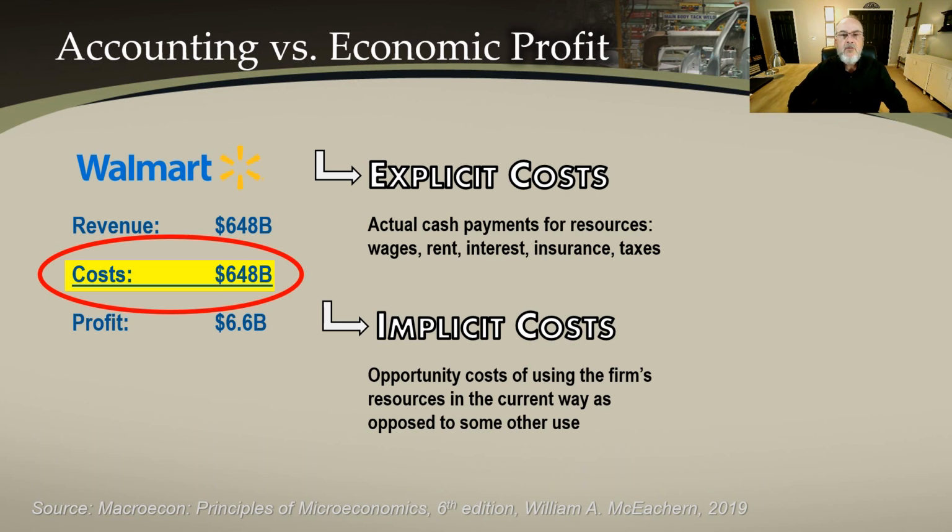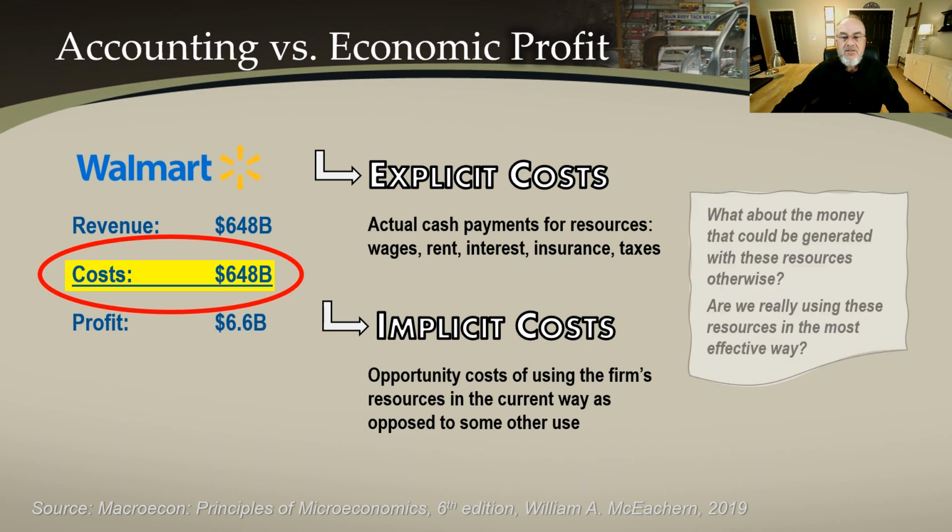So for example, if I leave my job, let's say I'm making $100,000, and I leave my job to start a business, well, I am giving up $100,000 to start that business. And so that is an implicit cost of me starting that business. It's not going to show up in an accounting report, but it is still an actual cost to me, something I'm giving up to start my business.